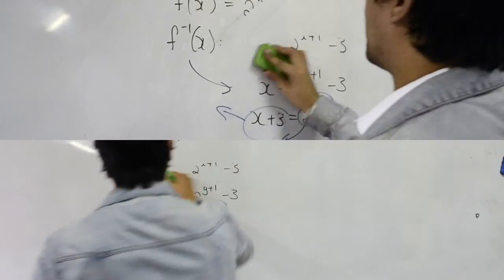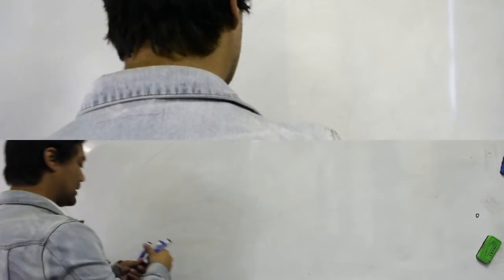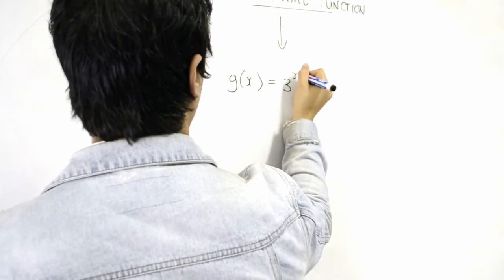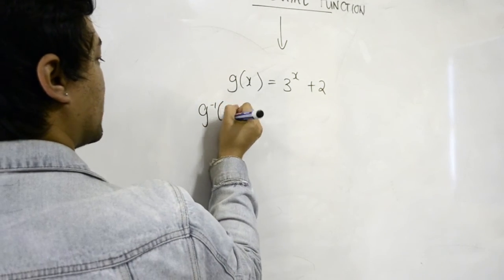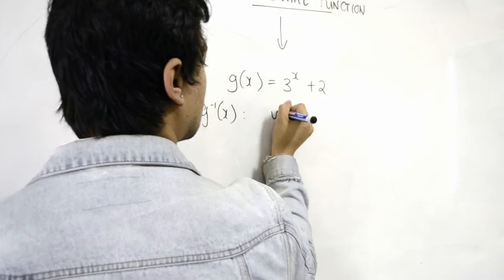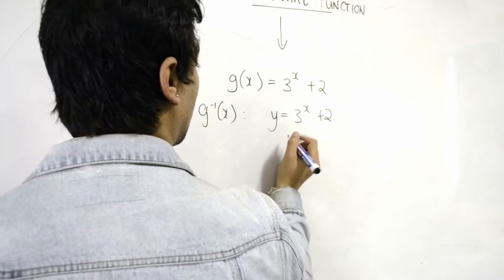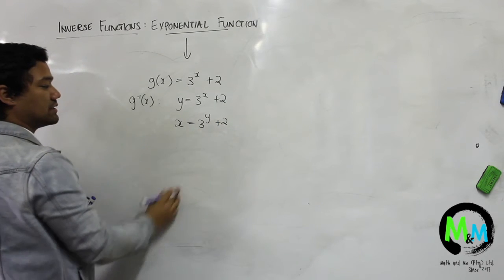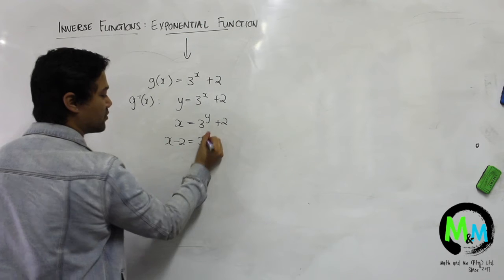So let's do another one of the log graphs. Let's say they gave me g of x equals 3 to the x plus 2. I need to find what g to the minus 1 of x is, the inverse. First thing I do, I change it to y and x solely, switch the positions of my x and y, and rewrite just in terms of y. Bring my 2 over first, that's x minus 2 equals 3 to the y.